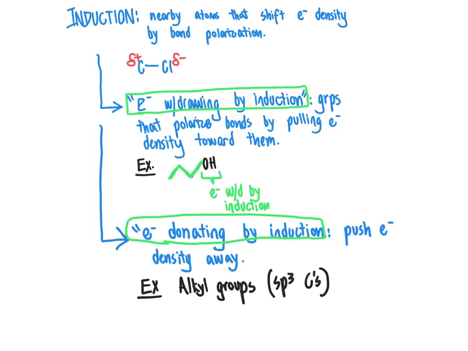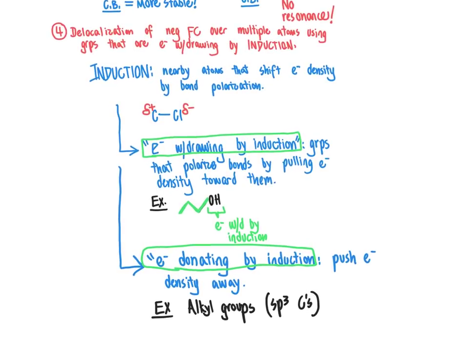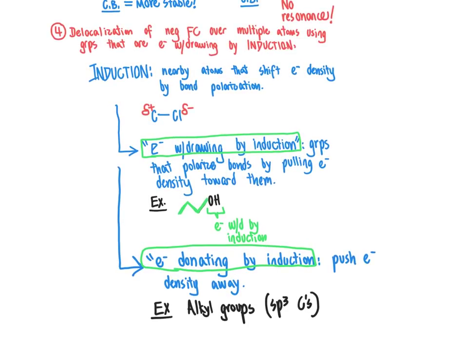So in the case of looking at our situation of stabilizing a conjugate base and applying this concept of induction towards stabilizing conjugate bases, in order to stabilize a conjugate base, we want to be able to delocalize or move around the negative formal charge, because the negative formal charge is the unstable site of the conjugate base.